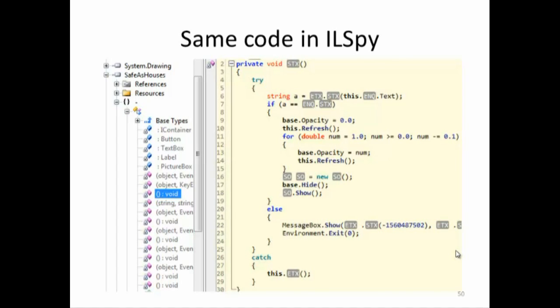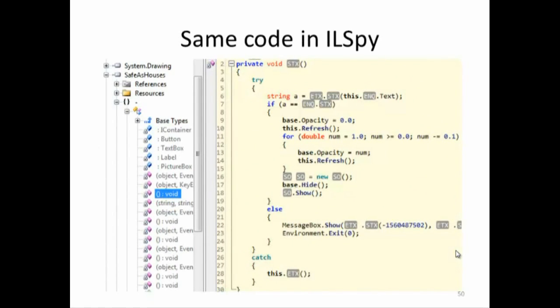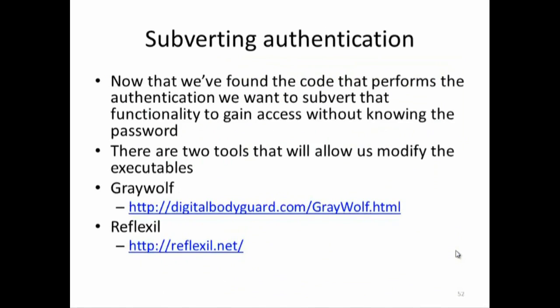We don't know exactly what that is, but we know it's not password incorrect. And you see here it has one part comma, second part, so it has 2 arguments. We definitely know this is probably what we're looking for. And then the next line, line 23, is the environment exit we talked about. So we're starting to see a lot of the functionality that we knew existed in the code somewhere. And now we see exactly what's going on.